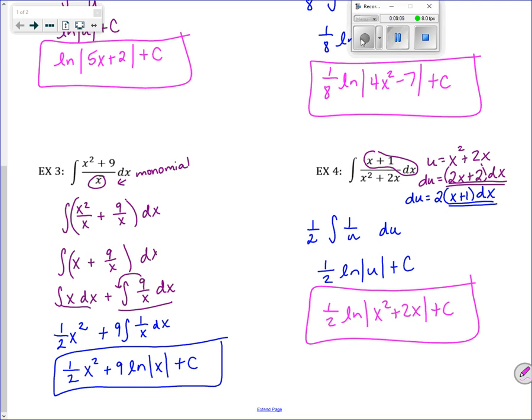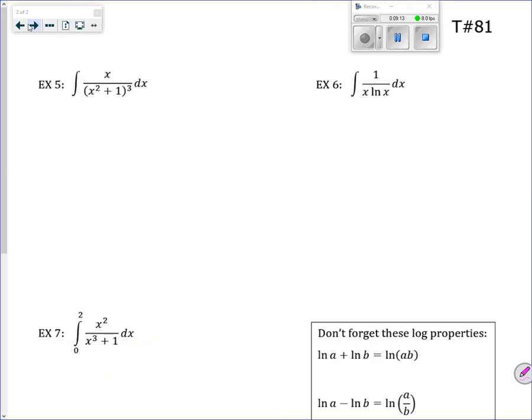All right, so hopefully you're kind of getting the hang of it. So let's try some more advanced ones. Let's look at this one. See what you think you should do. Is this going to be an ln problem? Well, remember, think about writing that. That's really like this.